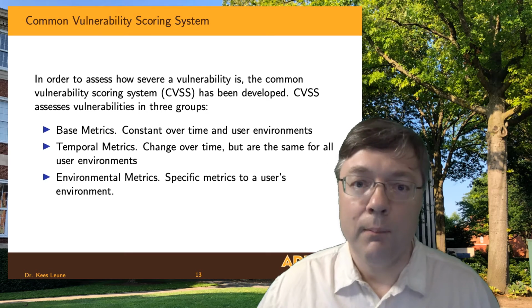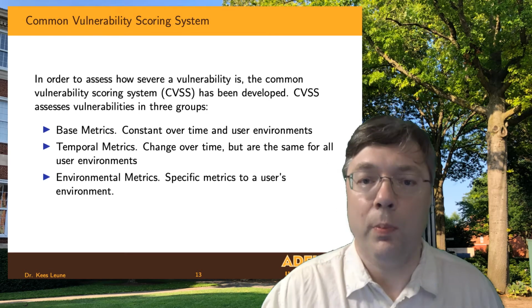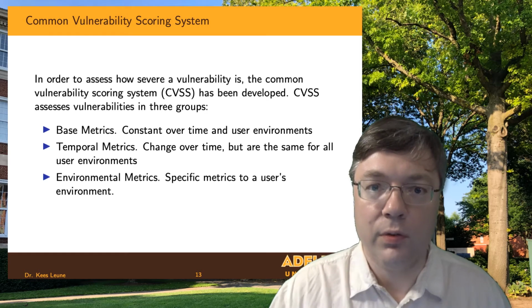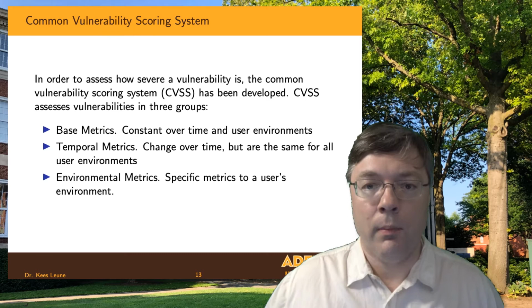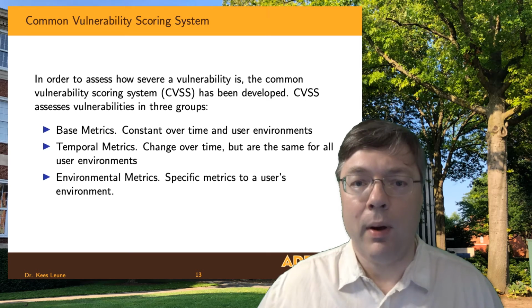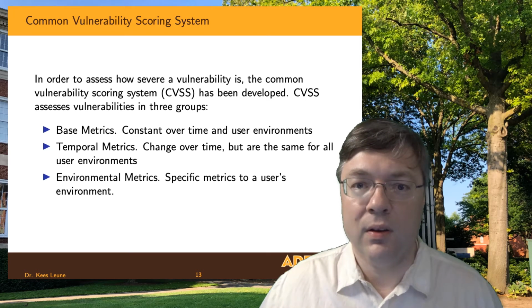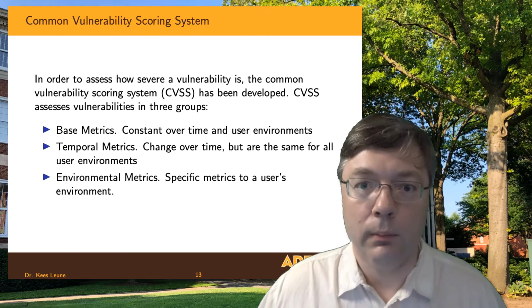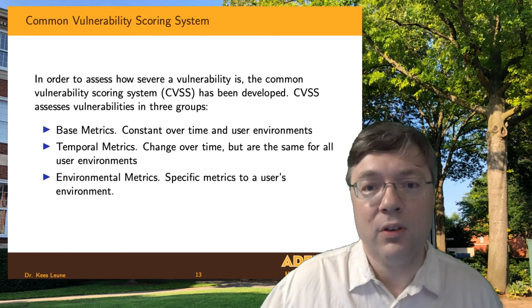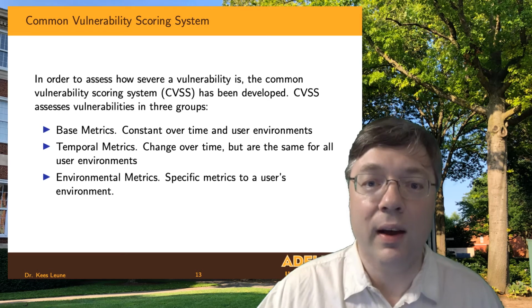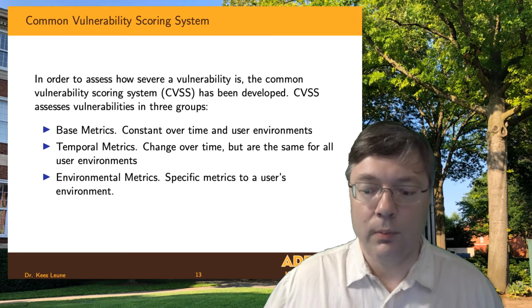For example, a vulnerability for which there is no patch is a lot worse than a vulnerability for which there is a patch. Or an environmental metric, where I might have a vulnerability in a system that is not on the network. If that's the case, the risk of exploitation is a lot less, because it requires someone to physically interact with the device.